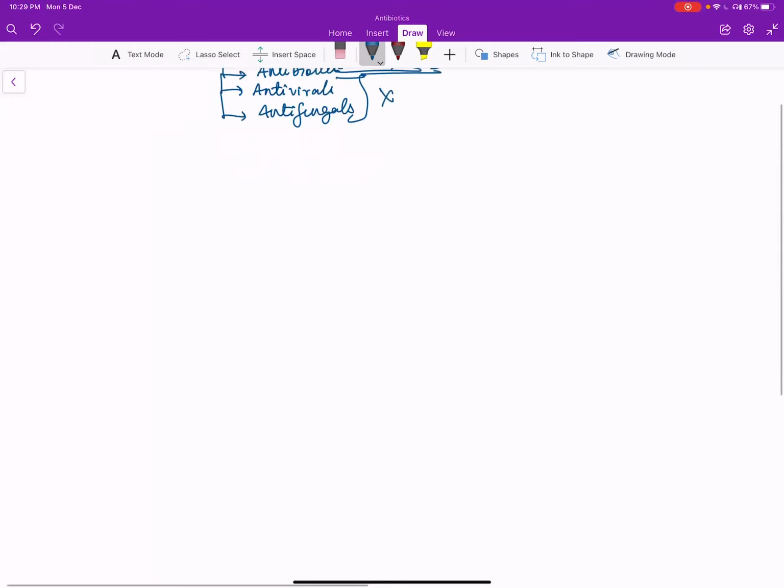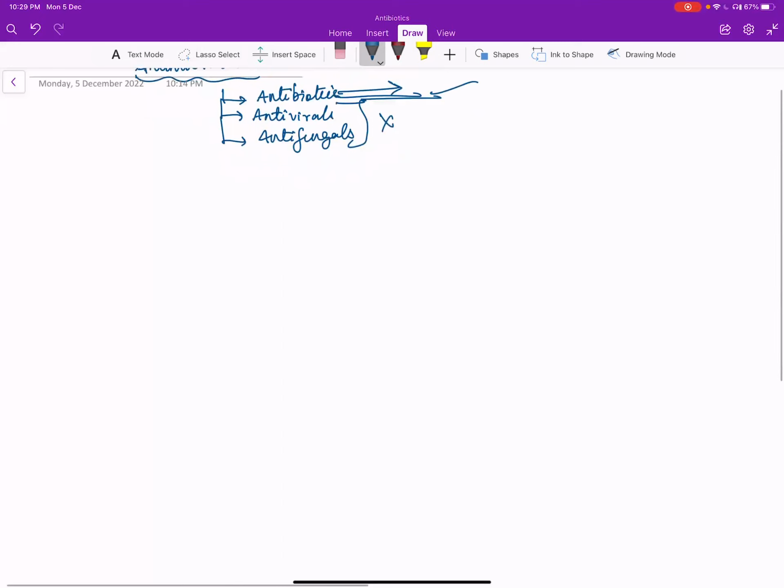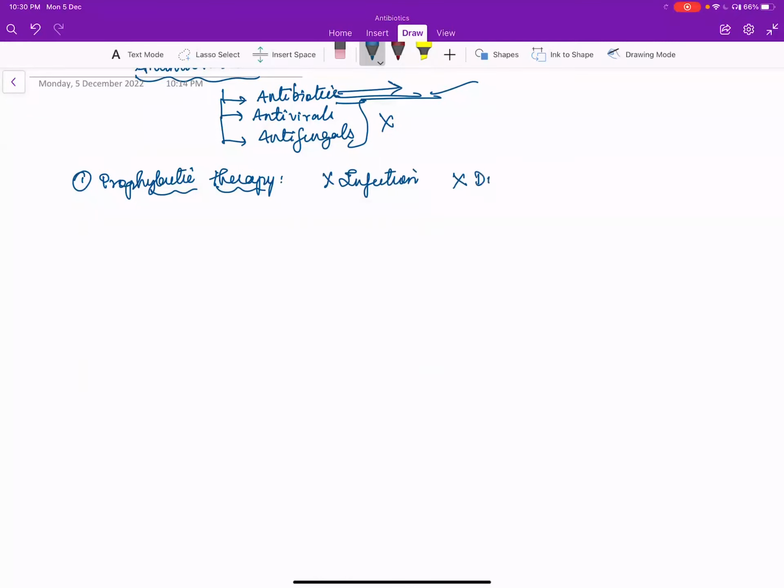Whenever you are dealing with antibiotics, in what situations do we use them? First is prophylactic therapy. Just a few basics before we enter the actual topic. Prophylaxis is when the patient does not have infection, he does not have the disease, but we suspect that he may develop infection due to some action.